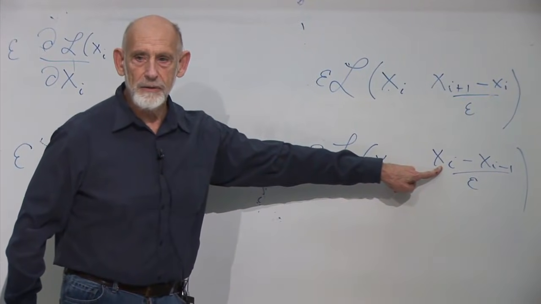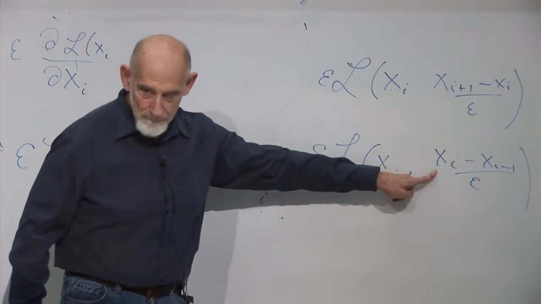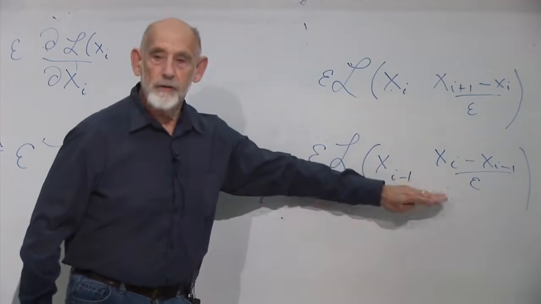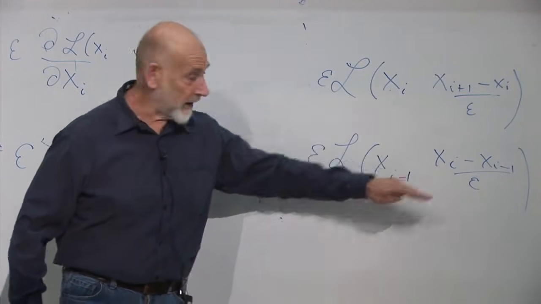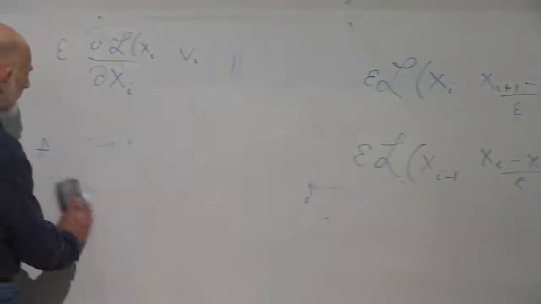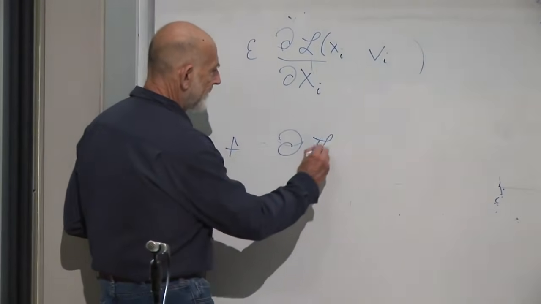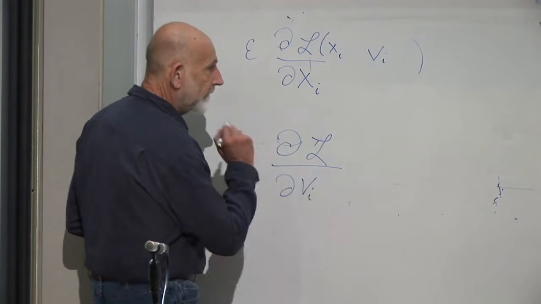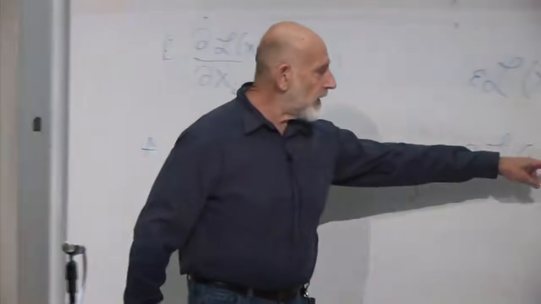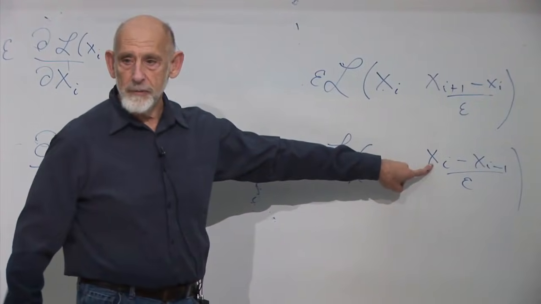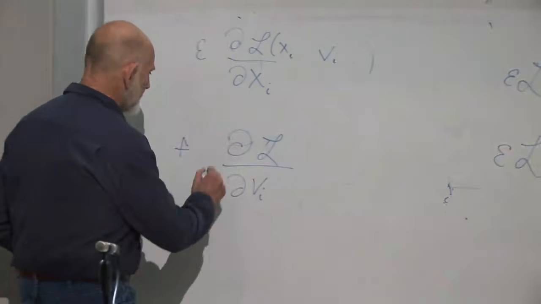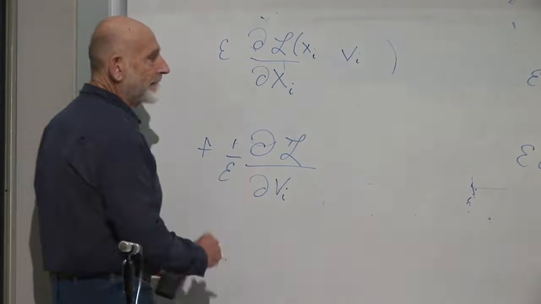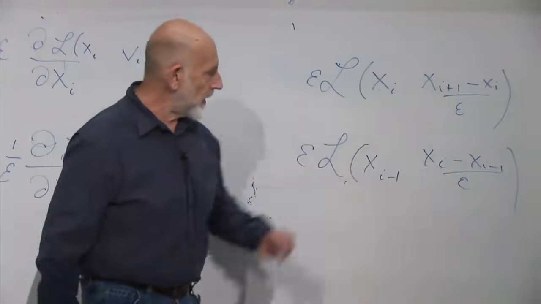Anybody got to know what to do? Yeah. Partial L with respect to xi dot, basically. Right? V. Or V. Yeah. Right, good. Partial of L with respect to vi times the change in vi when I change xi a little bit. And what is that? That's 1 over epsilon. The change in vi when I change xi a little bit.